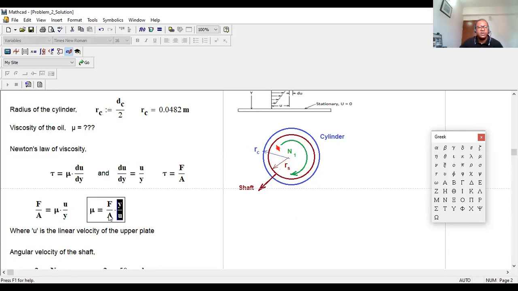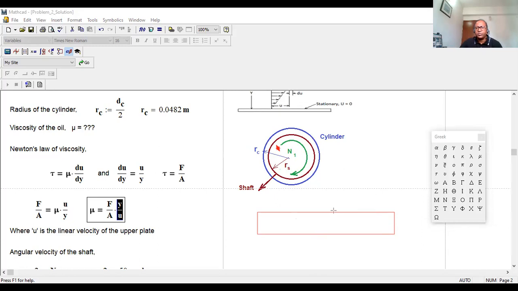Now, how will we get the area? Area can easily be figured out, because this is a shaft, right? If this is the long shaft and I see the side view, this will be length L. And what will be this distance?